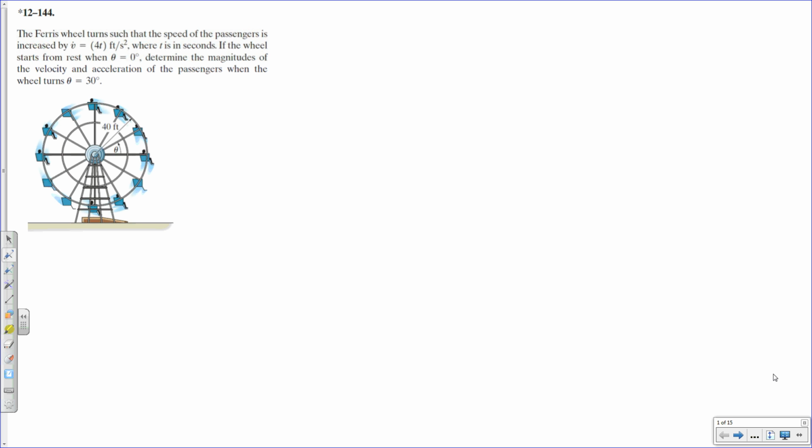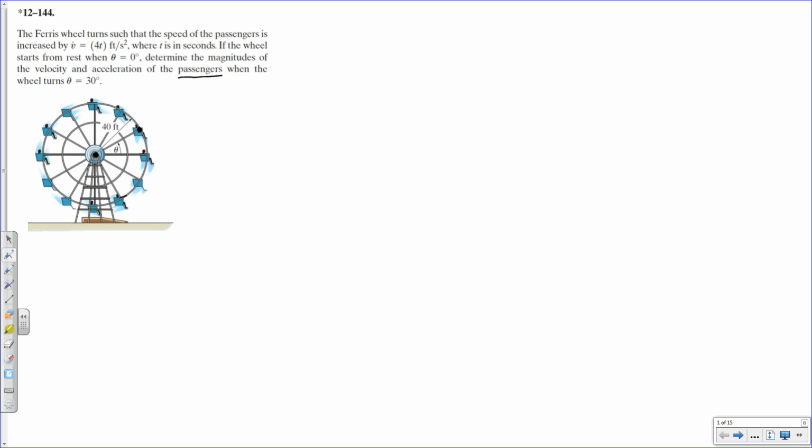Now, I'm going to first just underline this word passengers here, because the passengers are located at a radial distance of 40 feet. And what we find out in problems like this is that your speed and acceleration are functions of your radial distance. So in this case, they're 40 feet away from the axle of the Ferris wheel itself. If you were to position yourself right on the axle, you would be spinning around, but you would not be covering any distance.